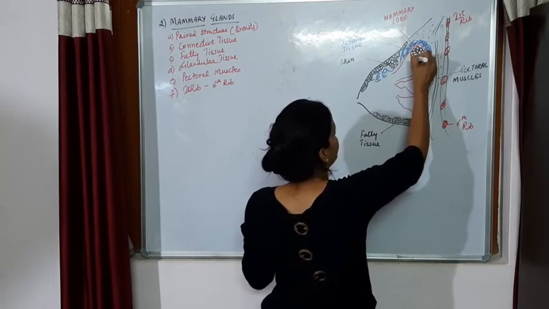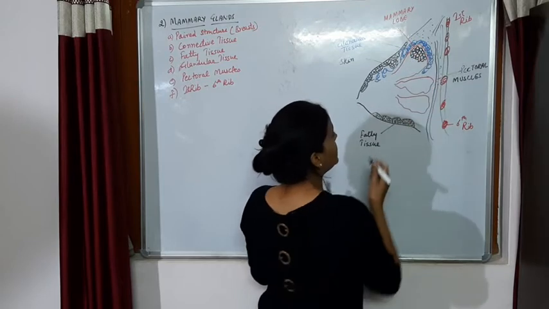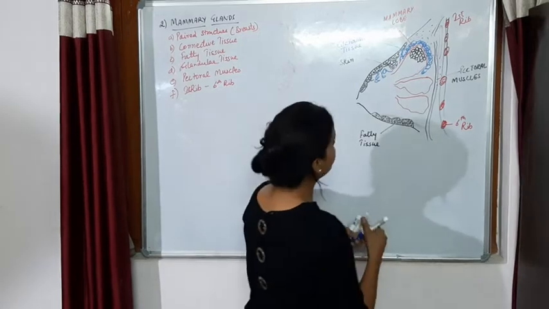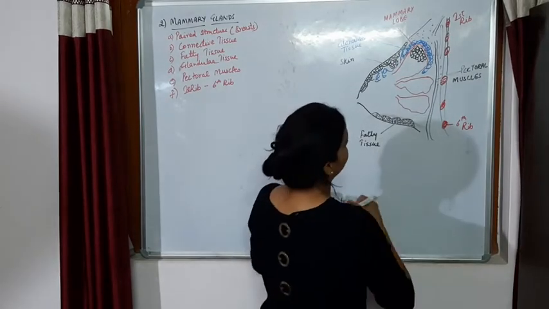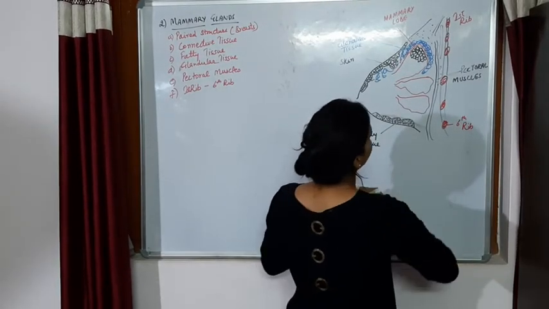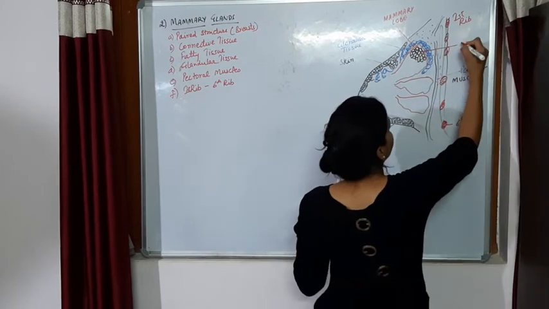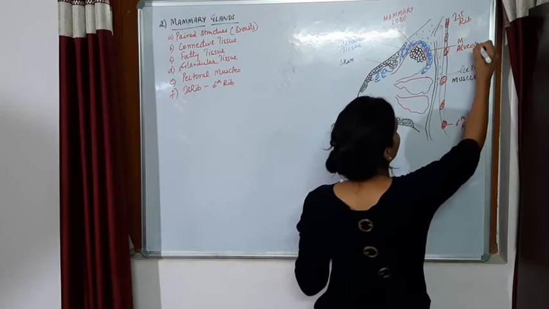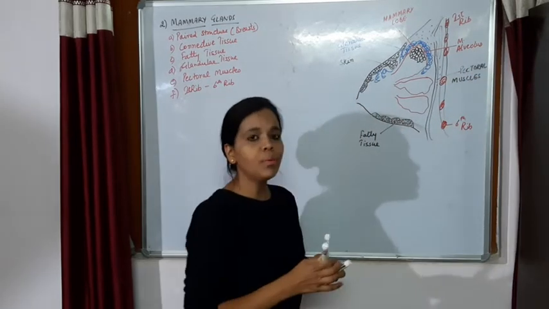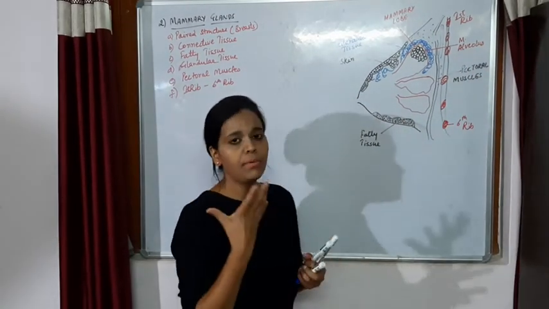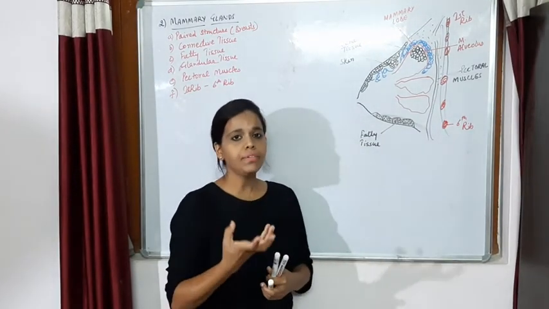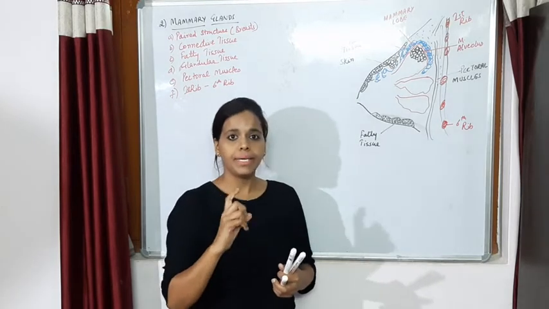These types of structures are called mammary alveoli, or mammary alveolus, right? So these in black are mammary alveolus. Now from this cluster of cells, the alveolus, they will secrete the milk, and they will store the milk in their cavity, right?